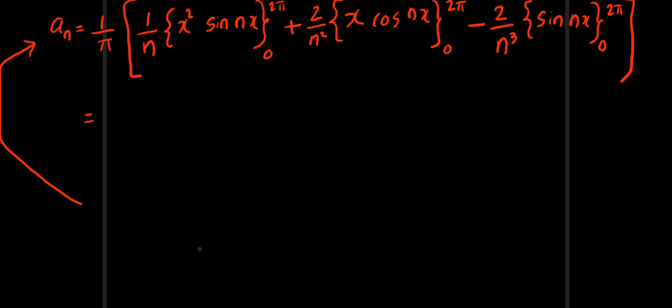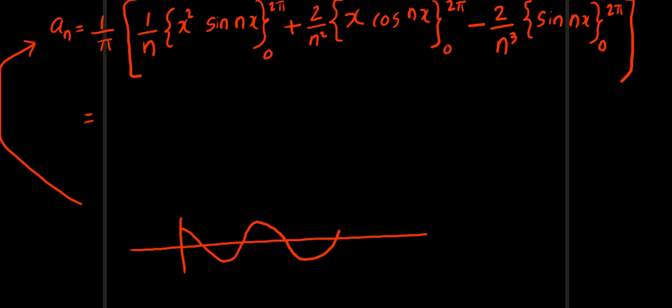Okay, now look at this. I think you're familiar with the graph of sine and cosine. The graph of cosine starts with 1 at 0 degree and it keeps on moving like this every 90 degrees apart.